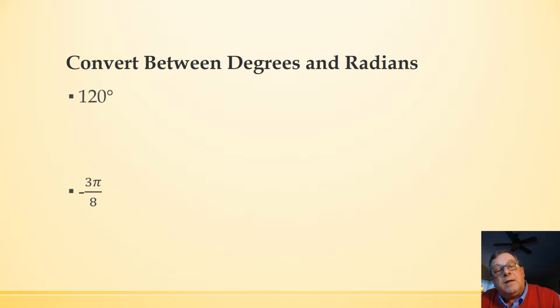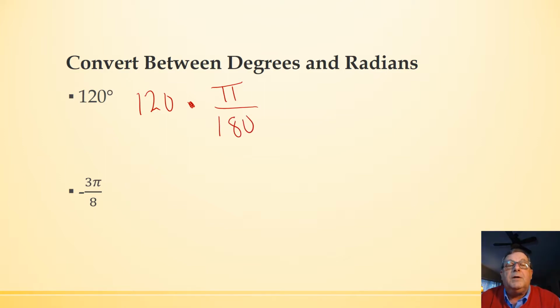So we would have 120 degrees times pi radians over 180. That's the same as 120 over 1, if that helps. We could do a little bit of reducing.